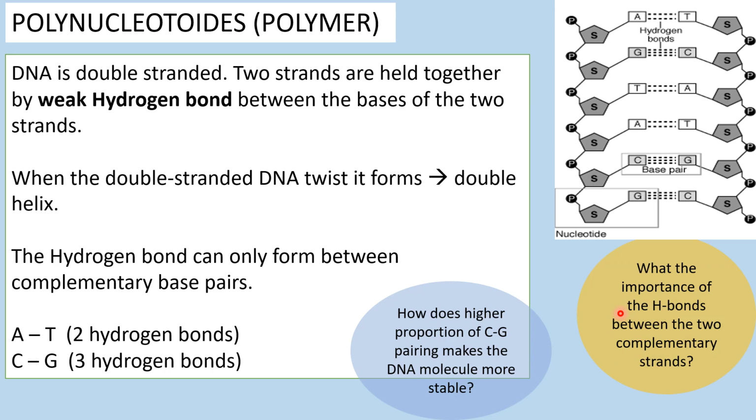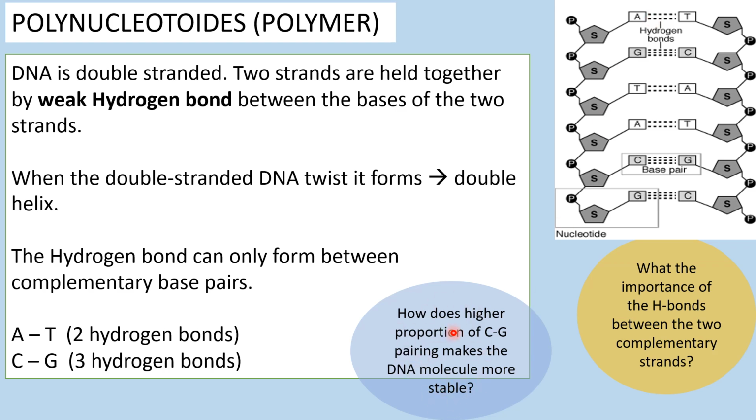I'll give you the answer now, but in the next video on DNA replication, it'll make more clear sense. The reason is that when you go through DNA replication, you have to separate these 2 strands. If these bonds were very strong, it would be very difficult to separate. So having weak hydrogen bonds allows you to separate the two strands with more ease.